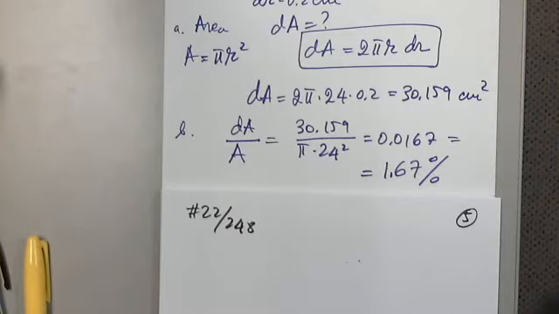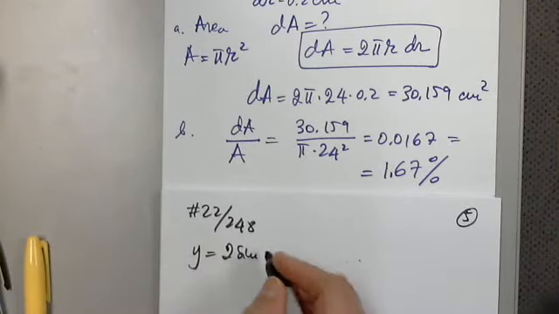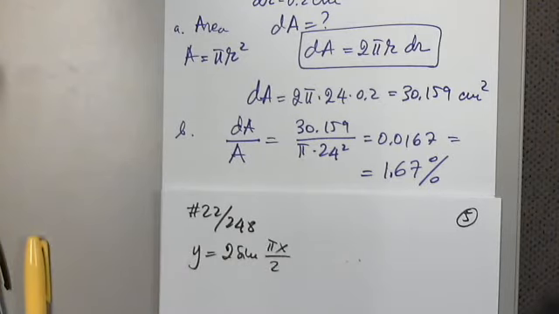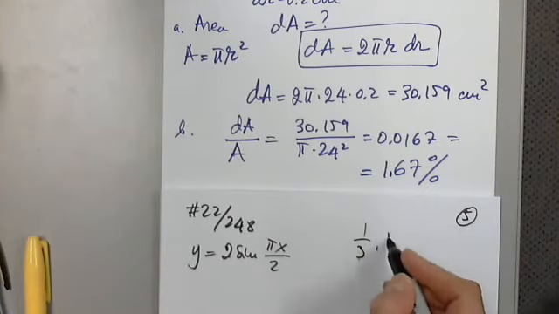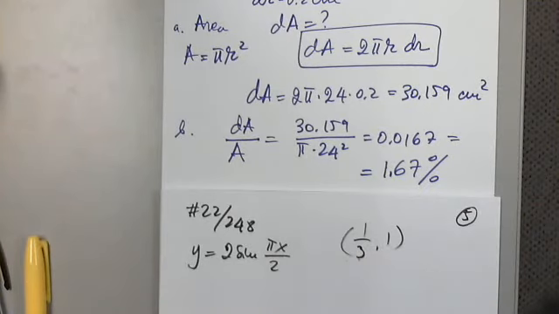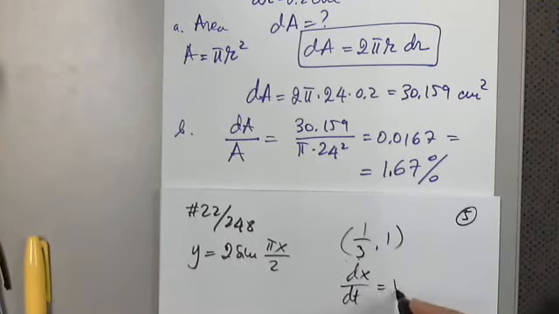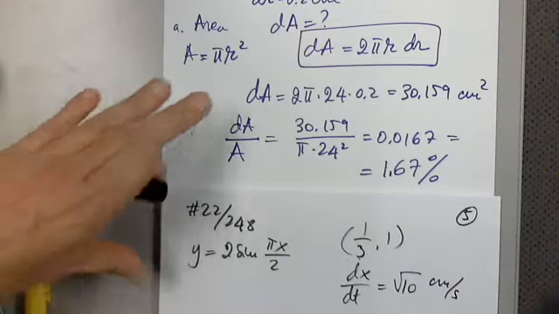Yes, a particle moves along the curve y equals 2 sine of pi x divided by 2. As the particle passes through the point (1/3, 1), its x-coordinate increases at a rate of dx over dt equals the square root of 10 centimeters per second. How fast is the distance from the particle to the origin changing at this instant?